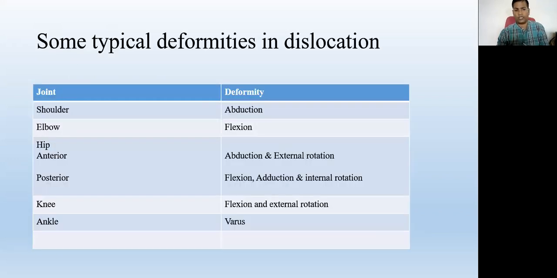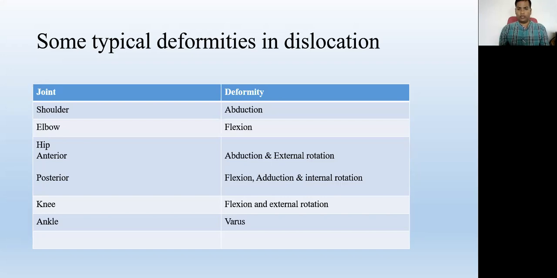So these are some special kinds of deformity that occur in dislocations. In anterior dislocation of the shoulder, there is an abduction kind of deformity. This is the abduction movement, this is the adduction movement. Understand?